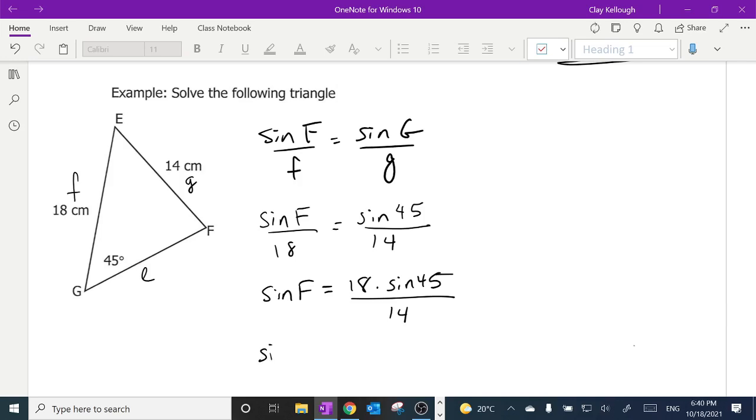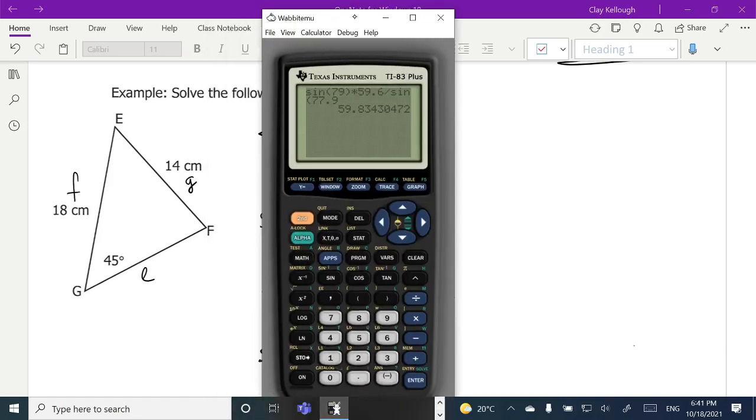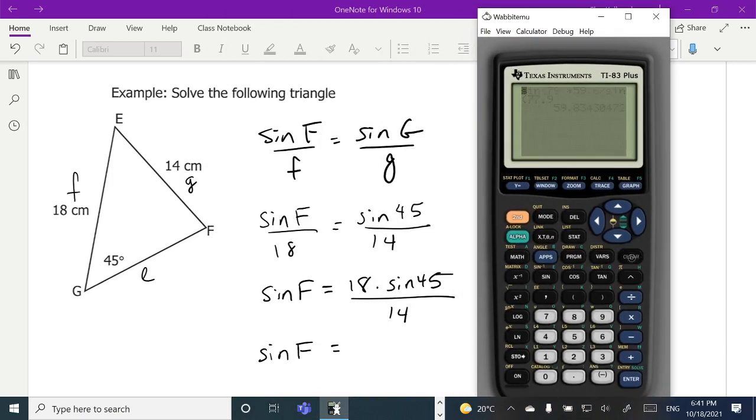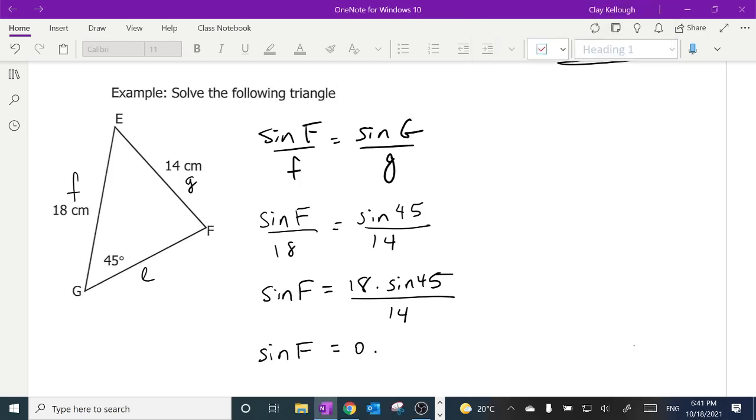Okay, so the sine of angle F, and again, I punch buttons. At this point, you're probably getting really bored with watching me punch buttons. Or maybe you're not. Maybe you're starved for entertainment. 18 times the sine of 45, close my bracket, divide by 14, equals 0.909.